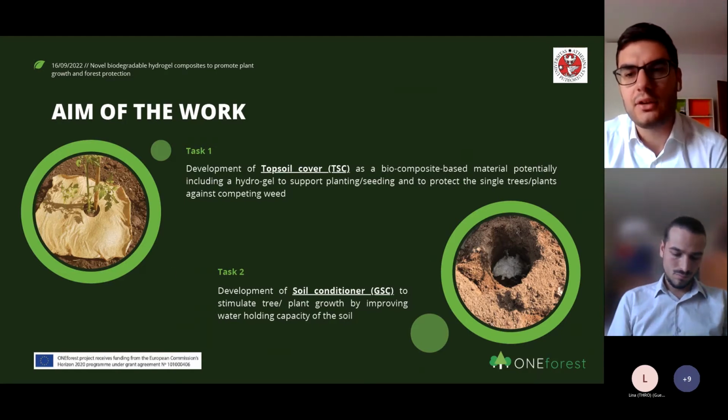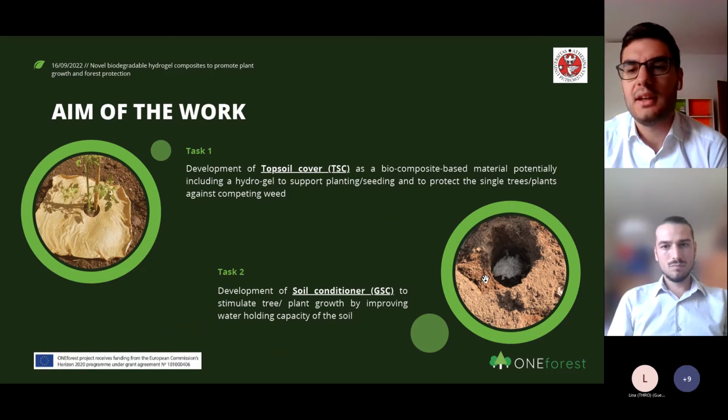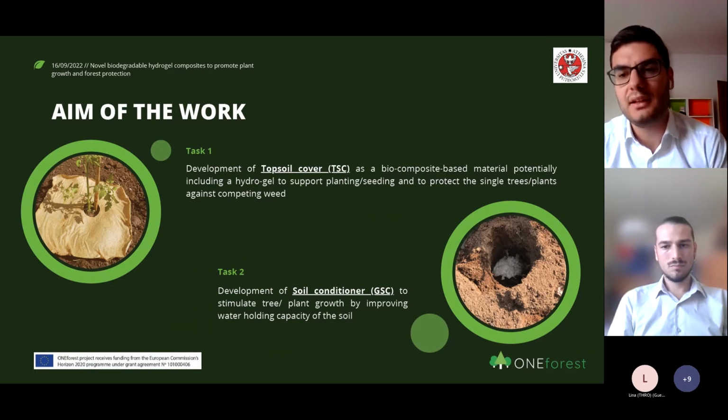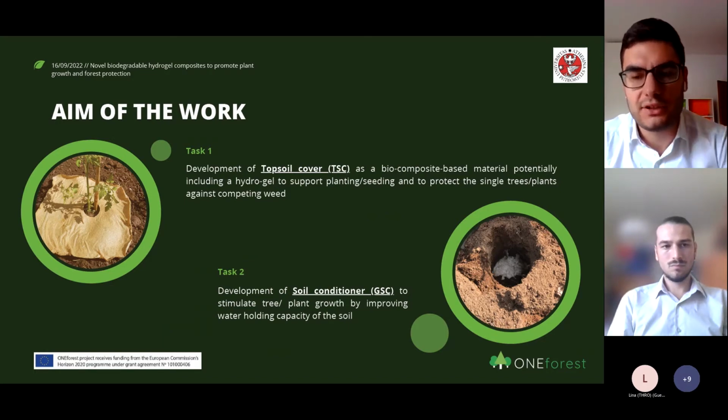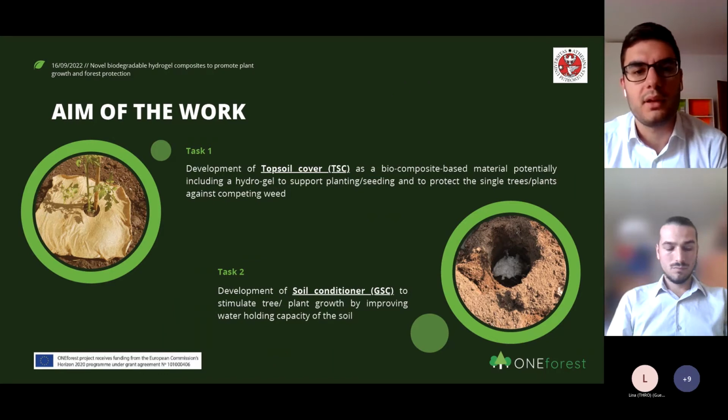Instead, the second task is to develop a soil conditioner. In this case, it is a biodegradable material that, as I already showed you in the previous slide, is mixed with the soil, absorbs the water, stores the water, and then releases it over time, also to be used by the plant.